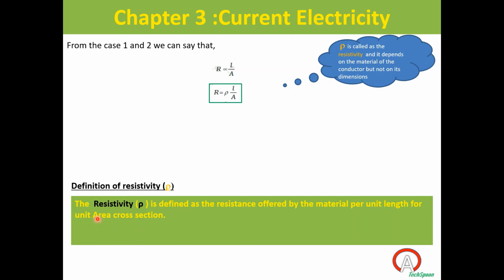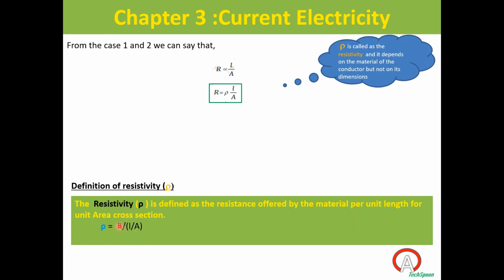Per unit length for per unit area of cross section. Full stop. So we can write rho is equal to R divided by L by A. It depends on the length and area of cross section, per unit length for unit area of cross section, so L by A needs to come in the denominator.